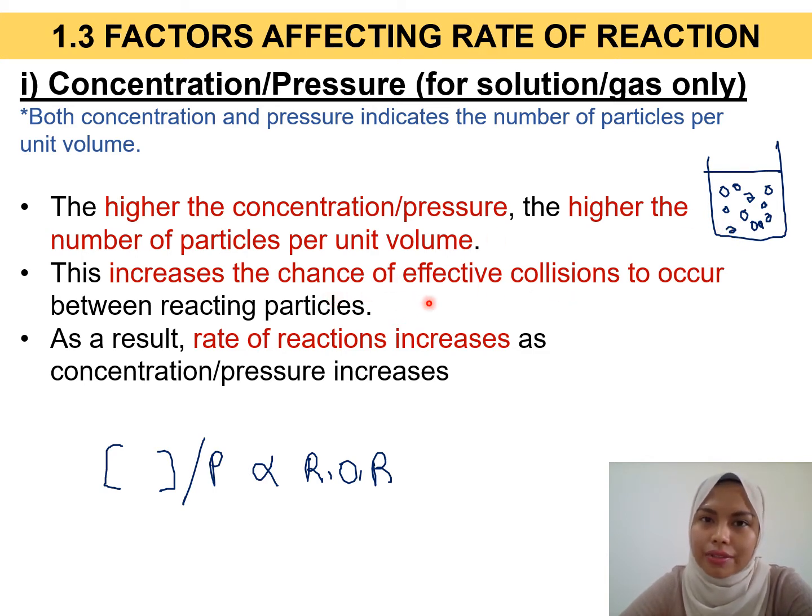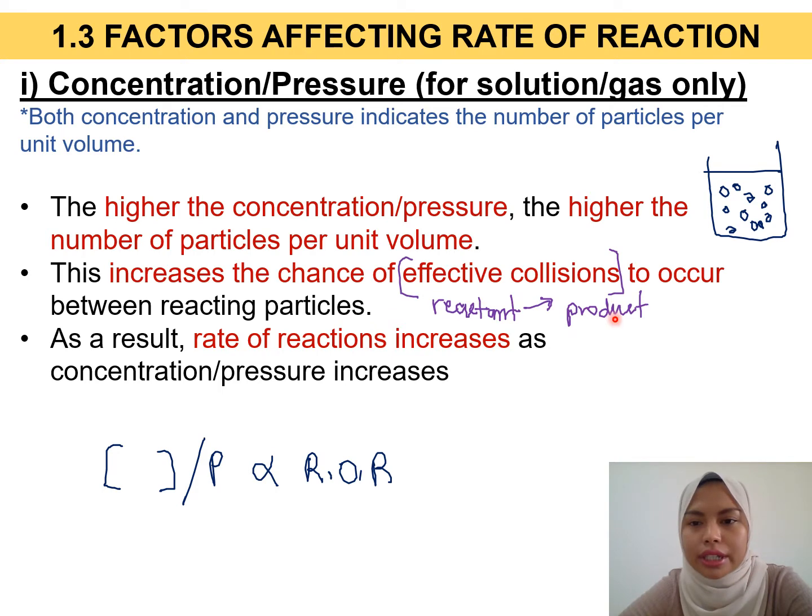Kenapa you nak pentingkan effective collision sebab effective collision ni ialah syarat-syarat untuk daripada reactant jadi produk. Kan? So, bila dia punya number of particles per unit volume tinggi, so dia akan meningkatkan the chance of effective collisions, okay, to occur between the reacting particles, and therefore the rate of reaction will increase as concentration ataupun pressure increase.